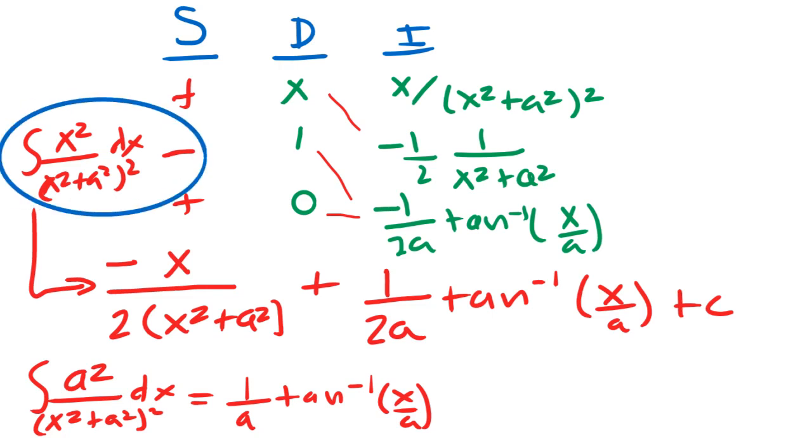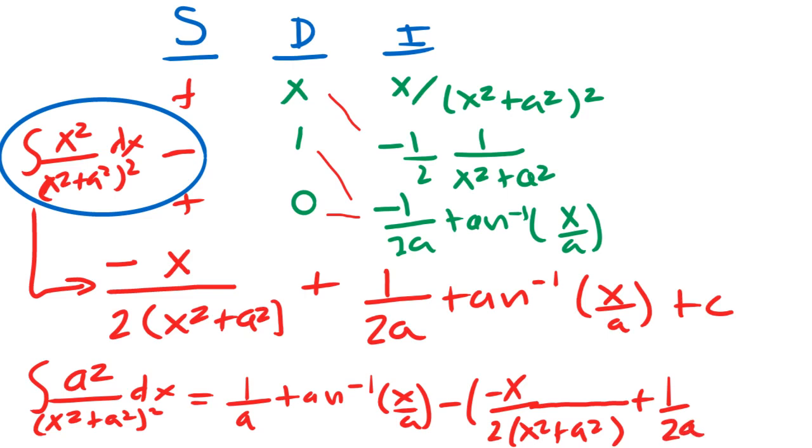So we have that it was that integral, right? But we figured it out. It's going to be minus the negative x over 2 times x squared plus a squared, and we extend it so that we can have the plus 1 over 2a arctangent inverse of x over a.